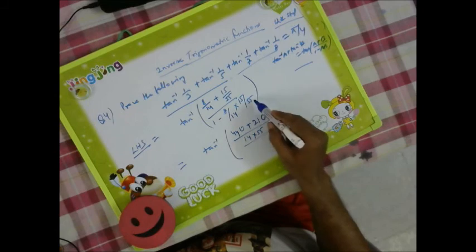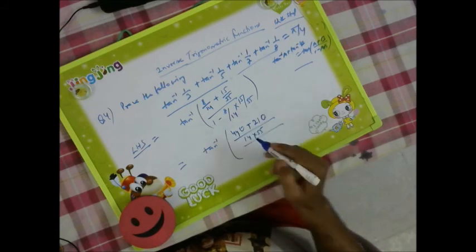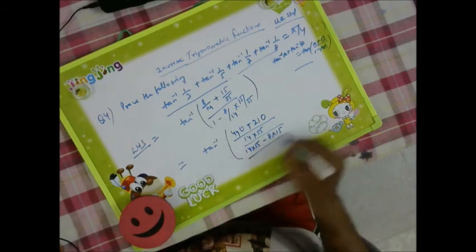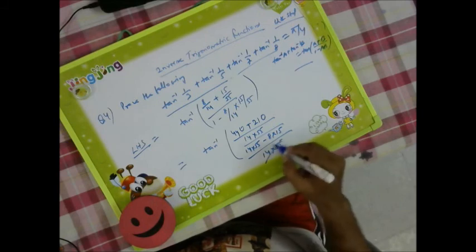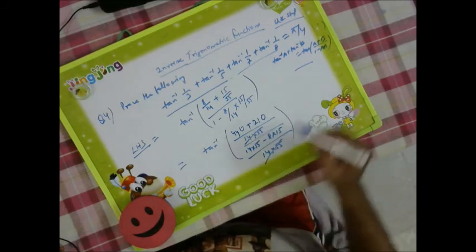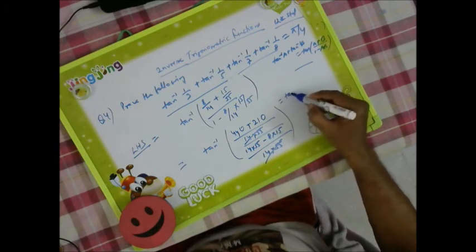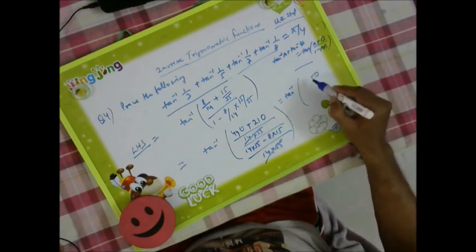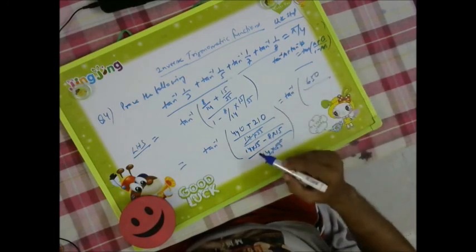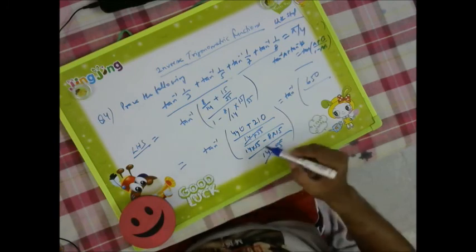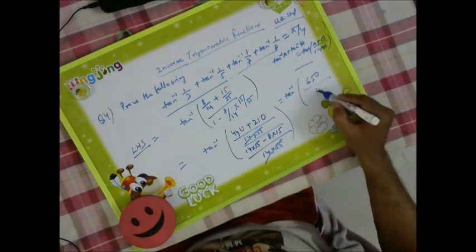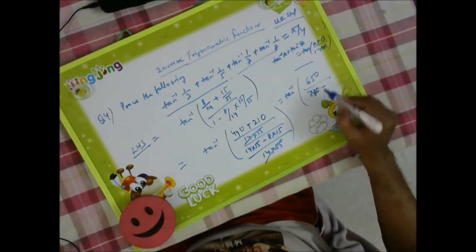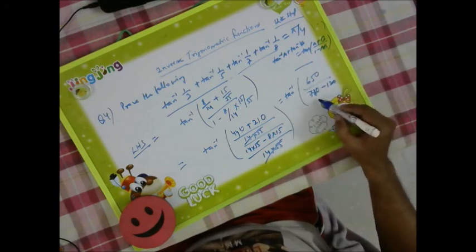So solving this, here it will come 14 into 55 minus 8 into 15, divided by 14 into 55. This 14 into 55 denominator part has got cancelled and we are left with tan inverse. So 440 plus 210 is 650. And here 14 into 55: 14 fives are 70, 14 fives are 70, so it will become 770, minus 8 into 15 is 120.